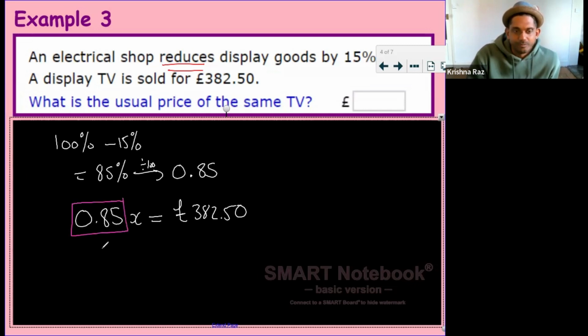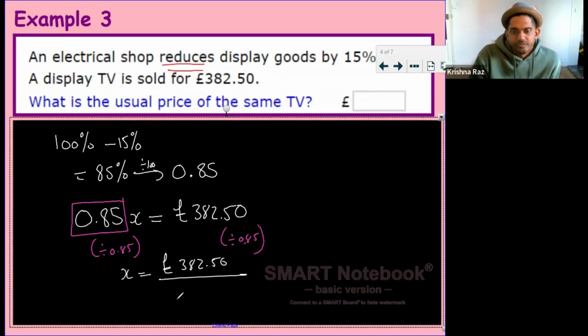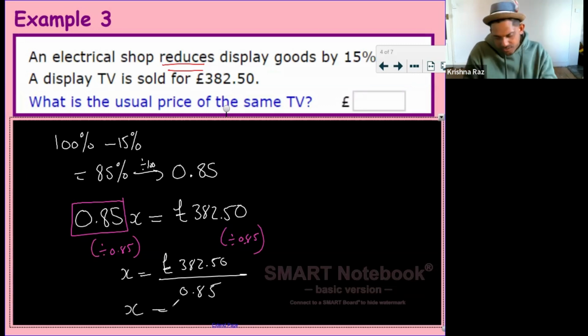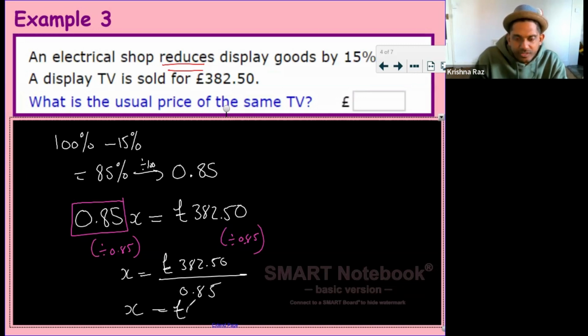Exactly, dividing by 0.85. So to get the answer, we need to type into our calculators 382.50 divided by 0.85, and that gives us 450.